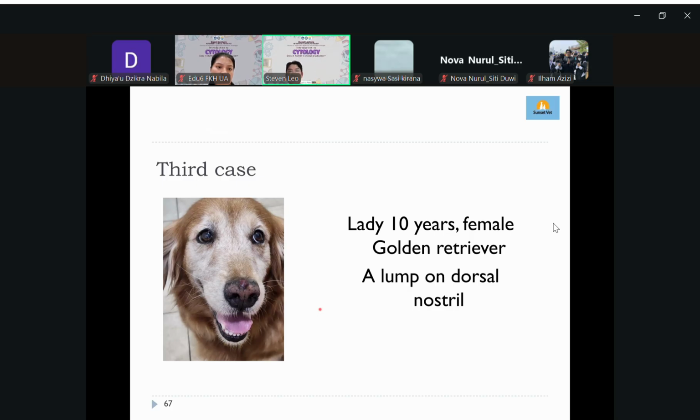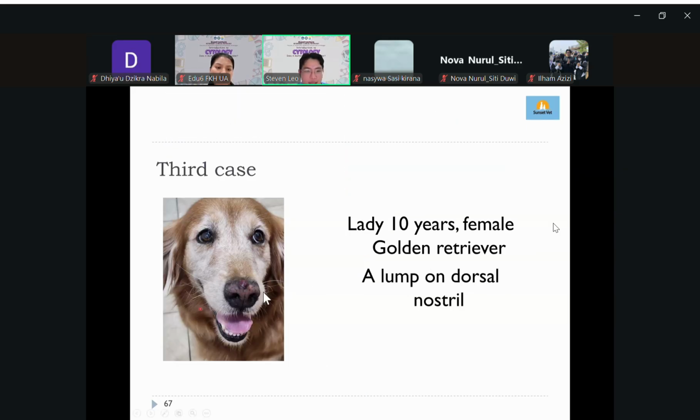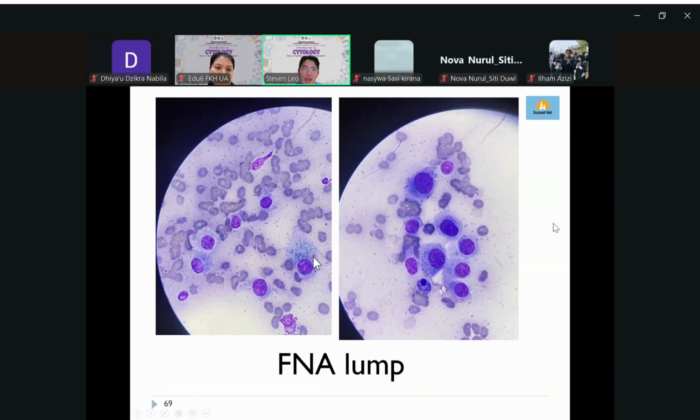And then Lady, a 10-year-old female golden retriever. Sorry, it's the same with the mass here. So what do you think? It could be dermatitis, it could be mast cell tumor, it could be SCC, squamous cell carcinoma, it could be lymphoma. So we did FNA and we noticed this one.